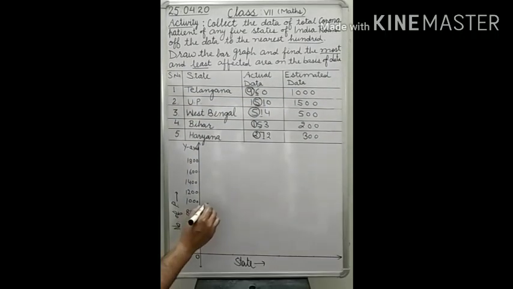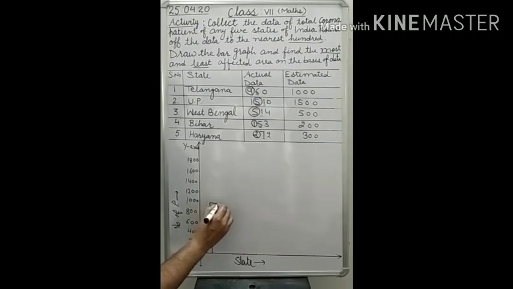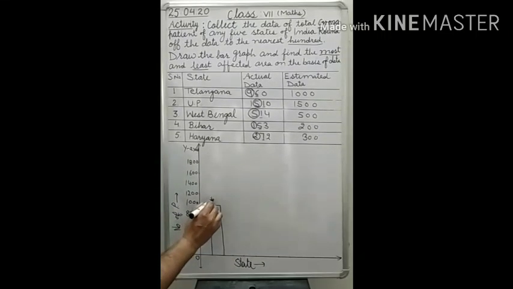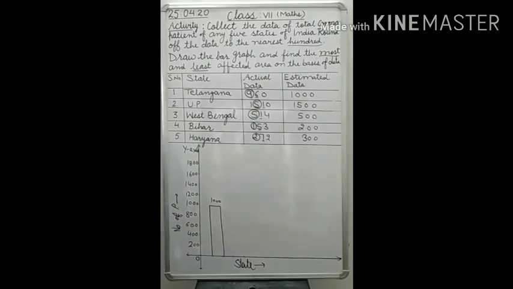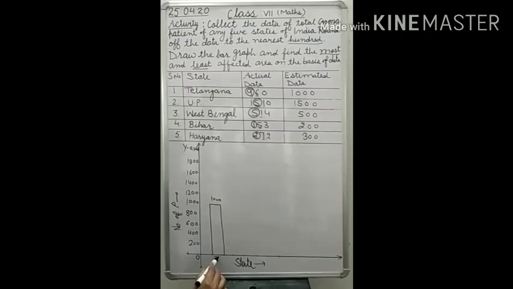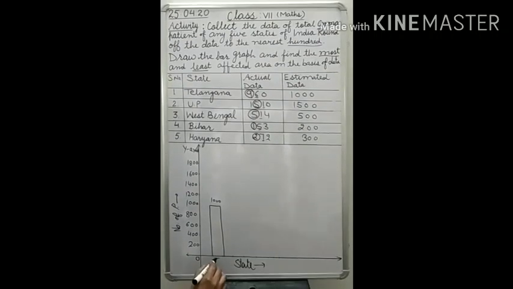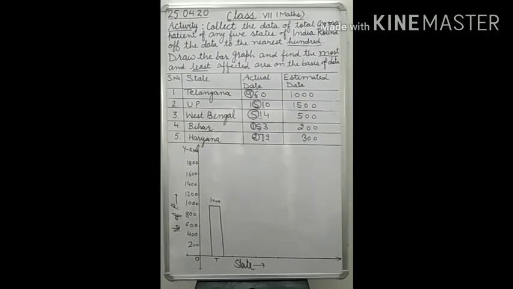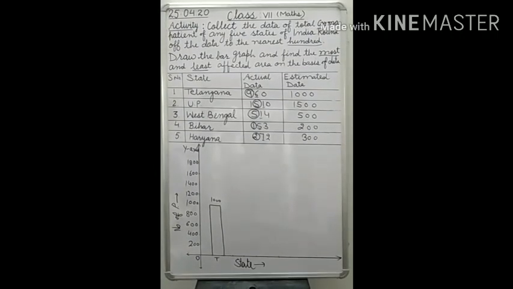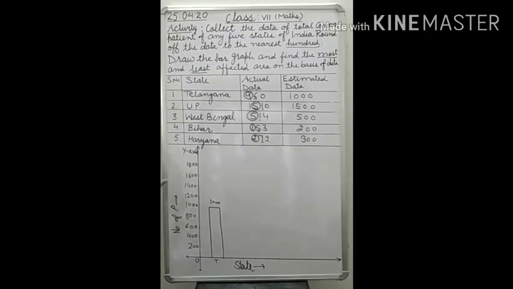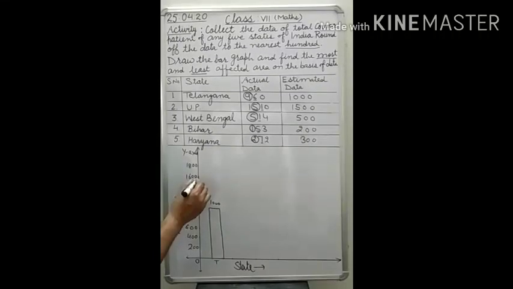So this number is 1000, and in this bar downside we represent it by T, that is T stands for Telangana. Then next one is UP, Uttar Pradesh, their bar is in front of 1500. So 1500 lies between 1400 and 1600.